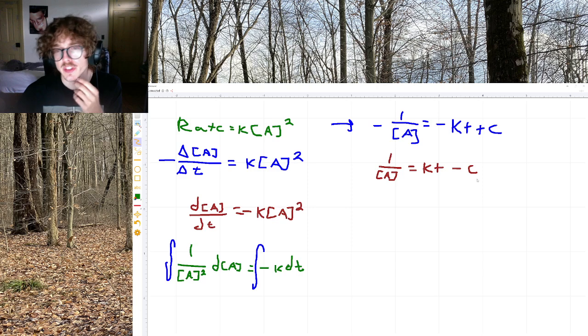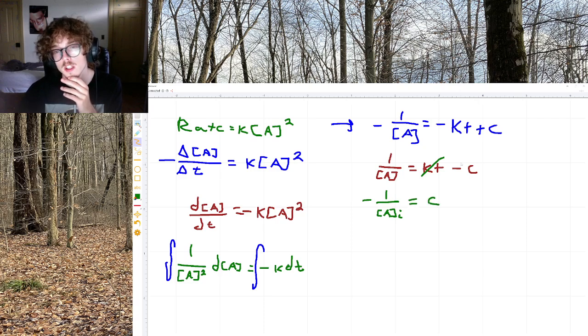To solve for C, we set time equal to 0. When we set time equal to 0, k drops out, so C is equal to negative 1 over the initial concentration at time 0. So this is A sub naught, or in this case A sub i, is equal to C.